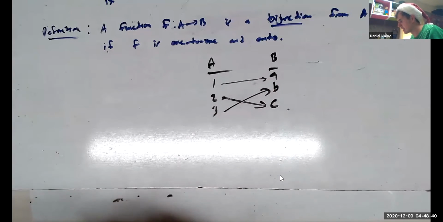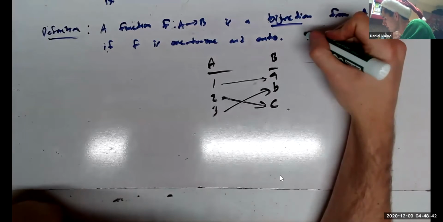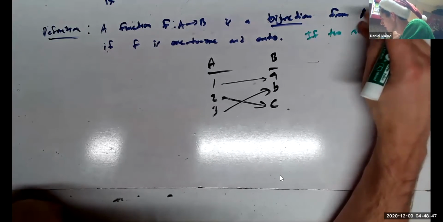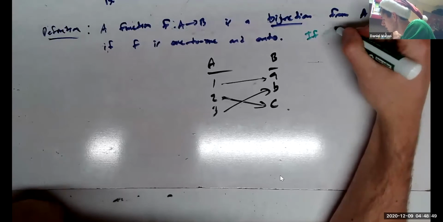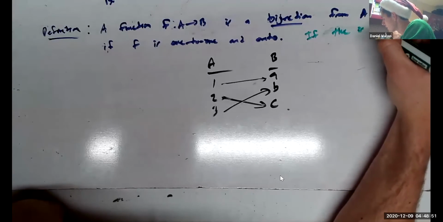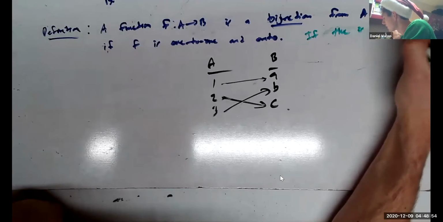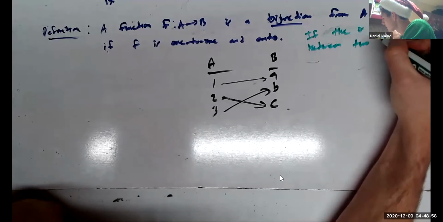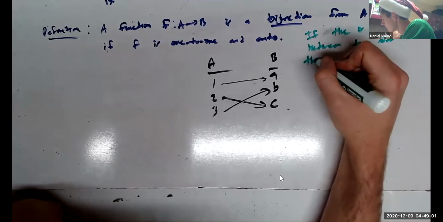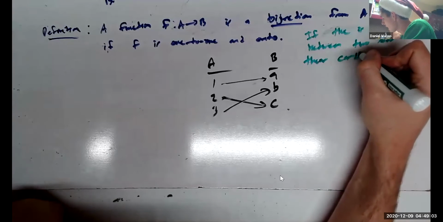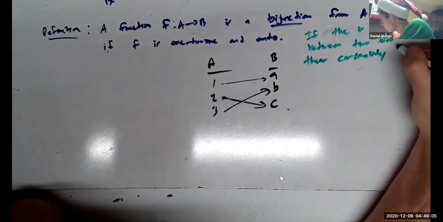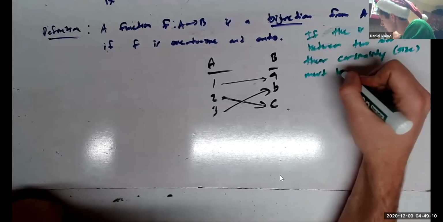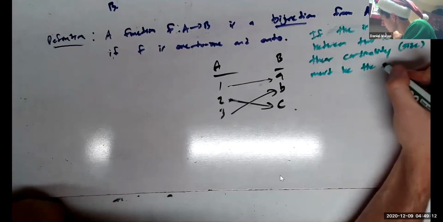The point is, if there is a bijection between two sets, their cardinality, which is a fancy word for their size, must be the same.